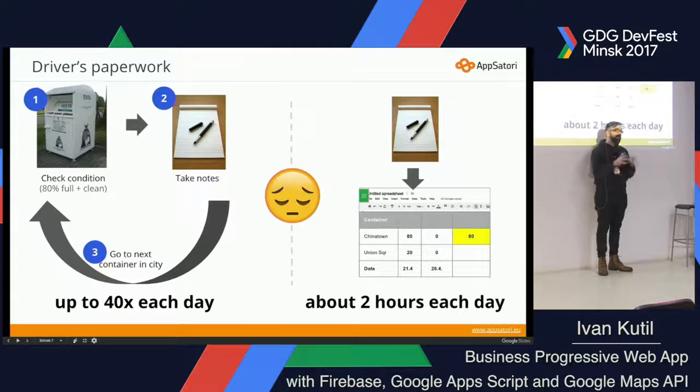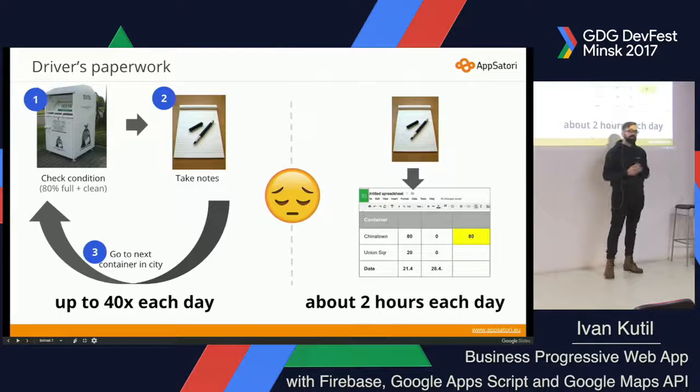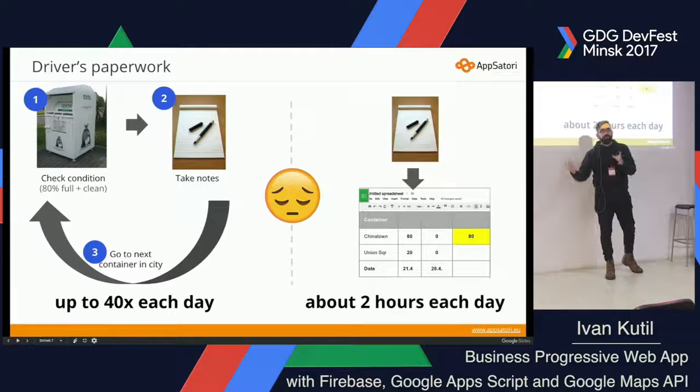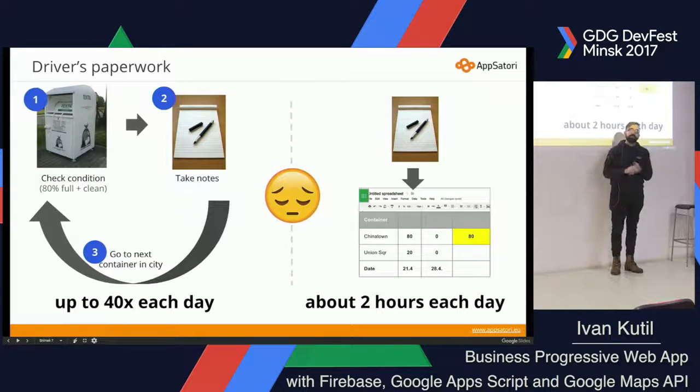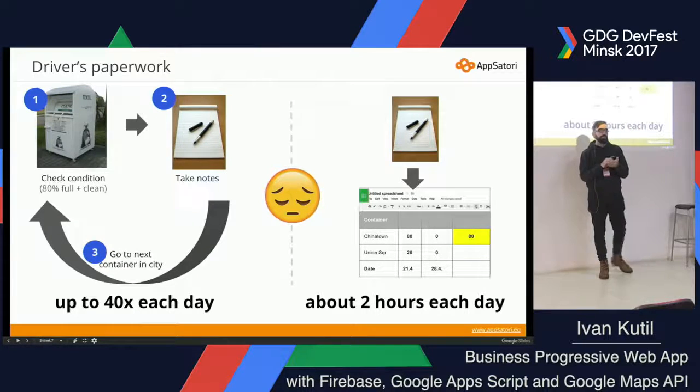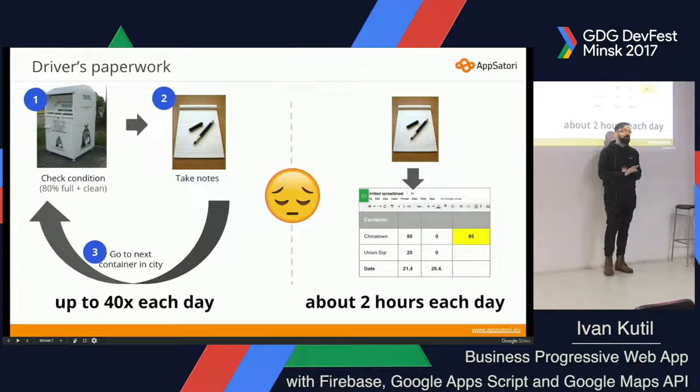The driver came to the container, grabbed the old clothes, and checked the condition of the container, like, okay, this container must be cleaned, and it is about 80% full. These drivers had to write the notes on paper, and this boring stuff happens up to 40 times each day, every week, and every year.